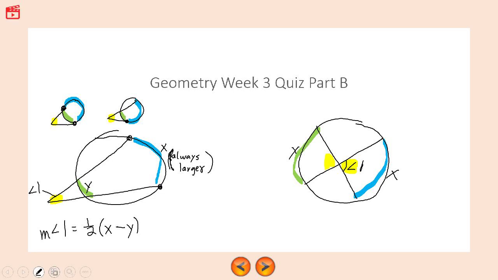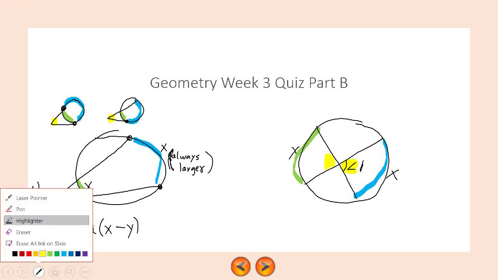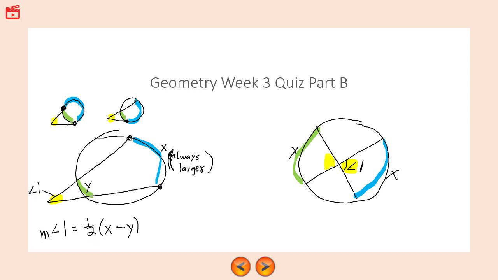The relevant equation that relates those 3 values looks super similar. It'd be angle 1 equals half of the sum of X and Y. When I talked to you about it, we said this angle was in the middle.